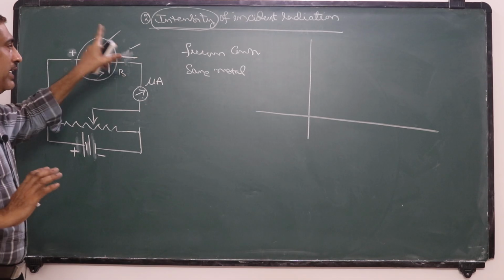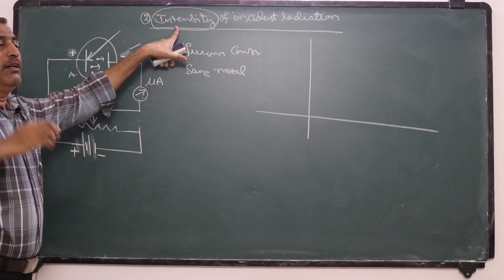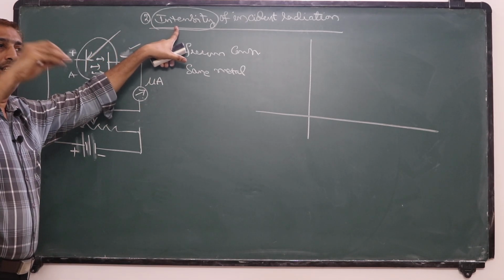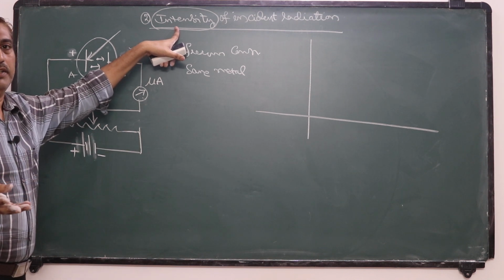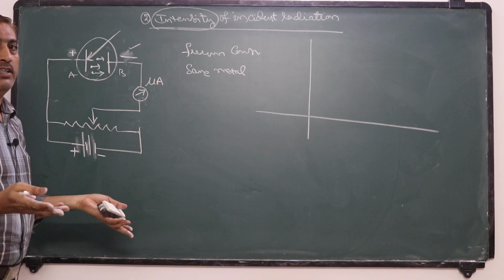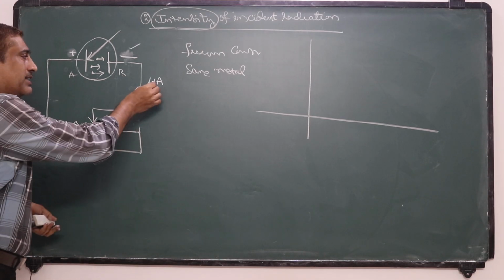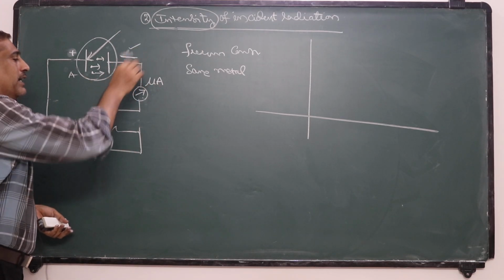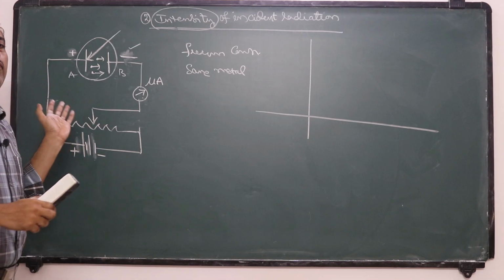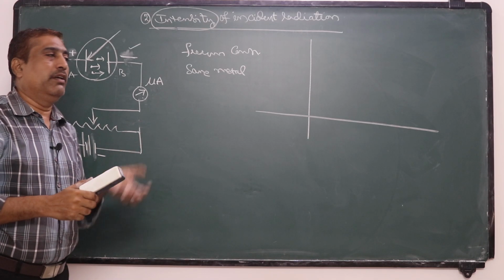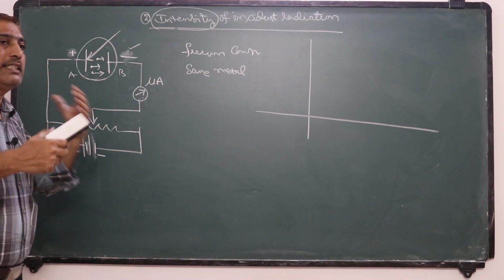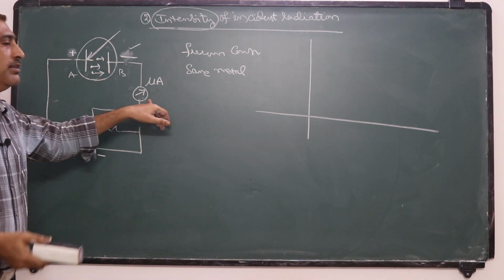When more light energy is incident on that particular metal surface, more electrons are emitted. More electrons emitted means the current increases, because current is the total charge flowing in unit time. So if the number of charge carriers increases, current also increases.